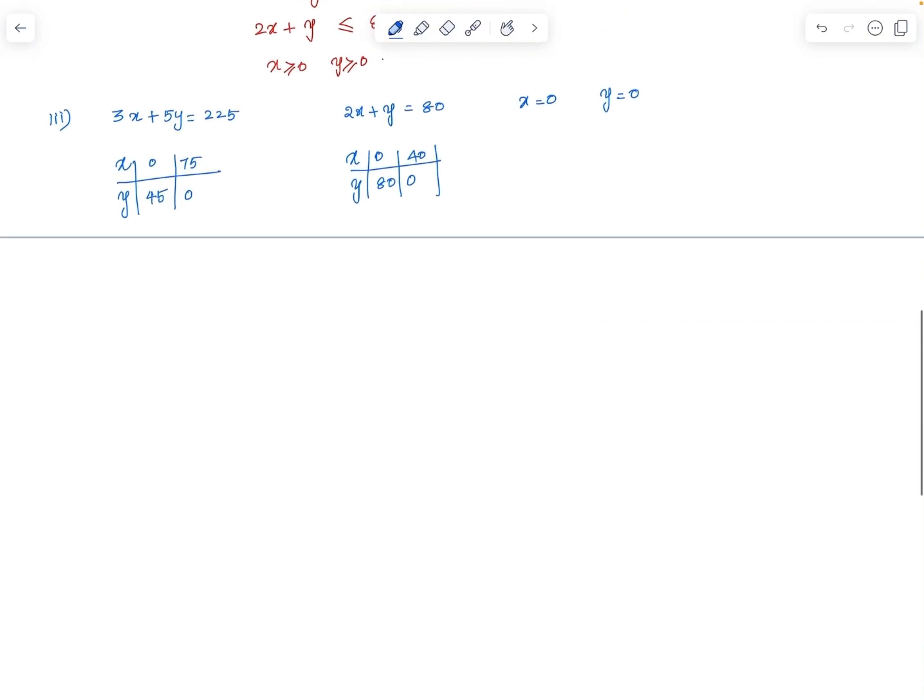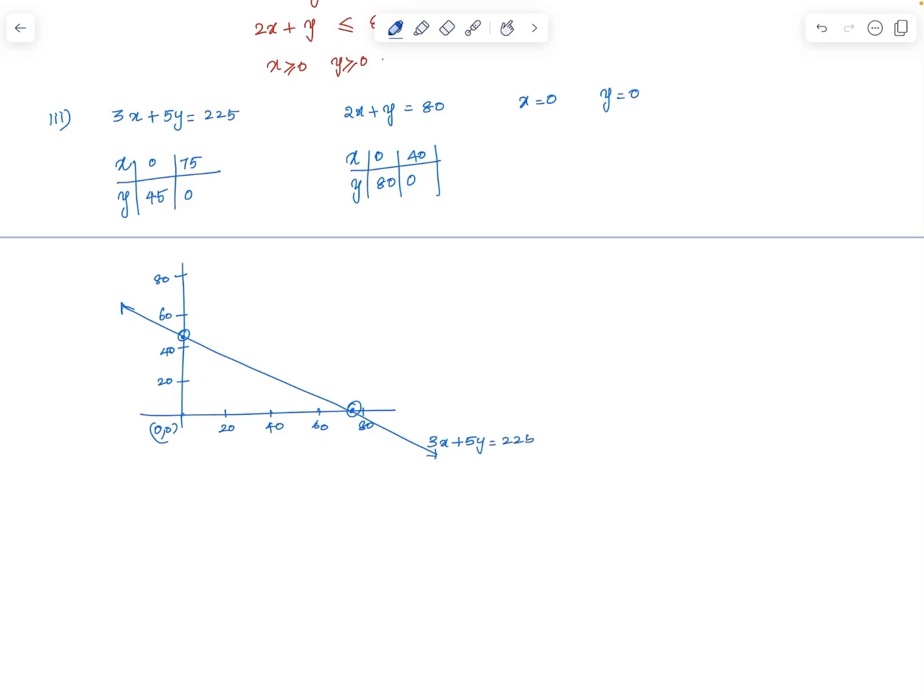Let's plot these two lines on the graph. This is a rough sketch of a graph. 0, 45 is somewhere here. Then 75, comma 0. So this line represents the equation 3x plus 5y equal to 225.